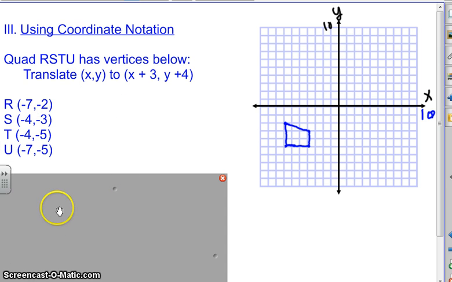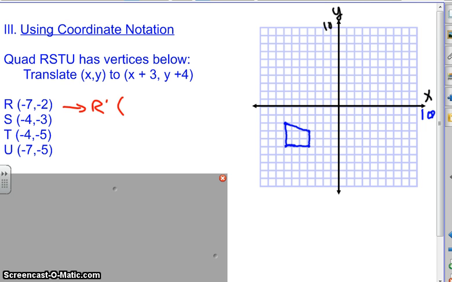So does anyone have an idea? How might we show the work here so that we can get this job done? How do you do this? Any ideas, Nicholas?